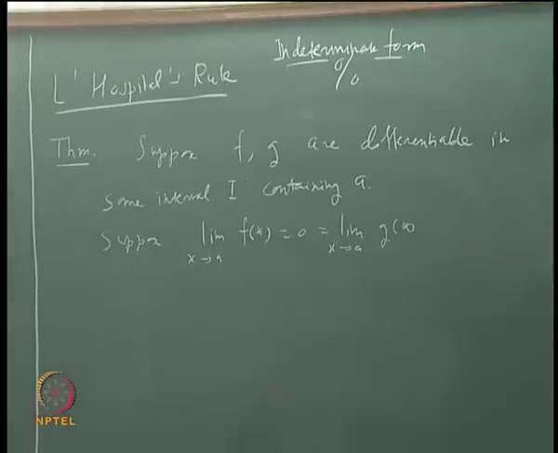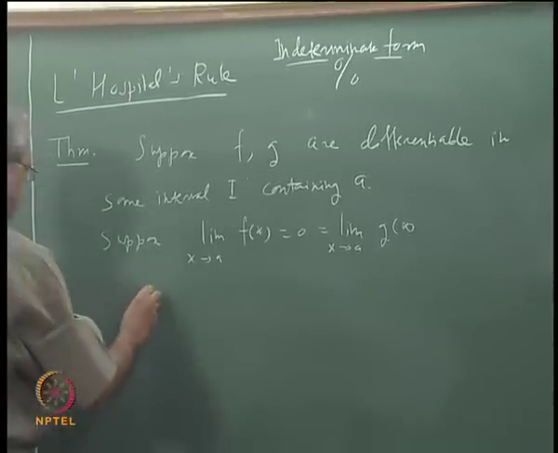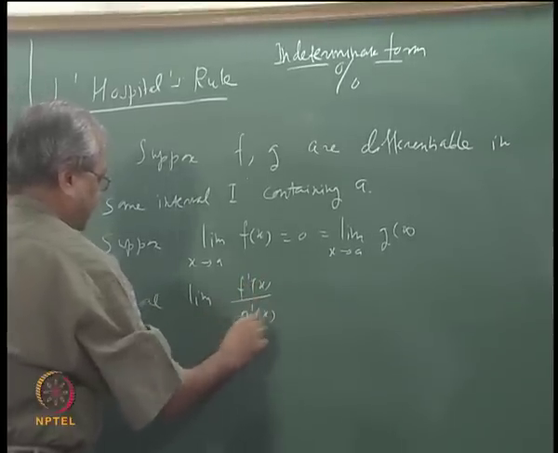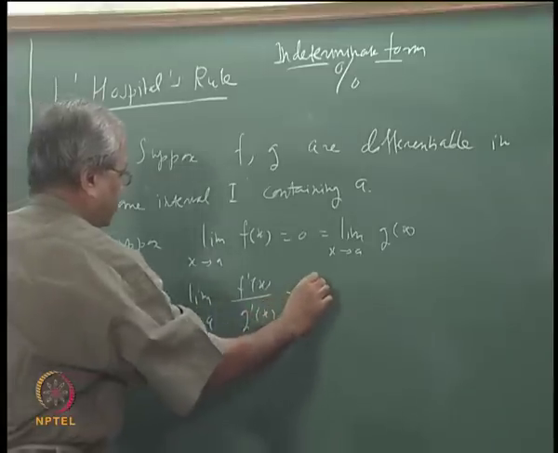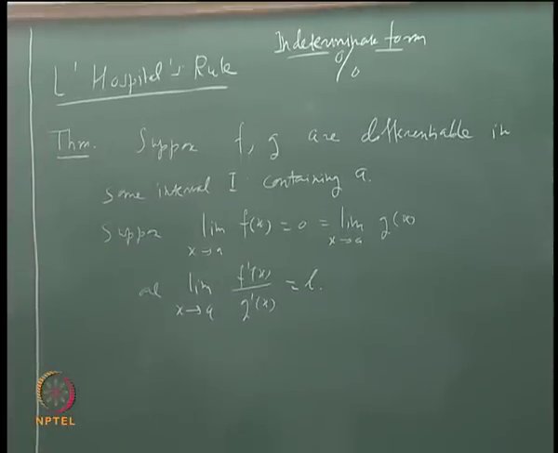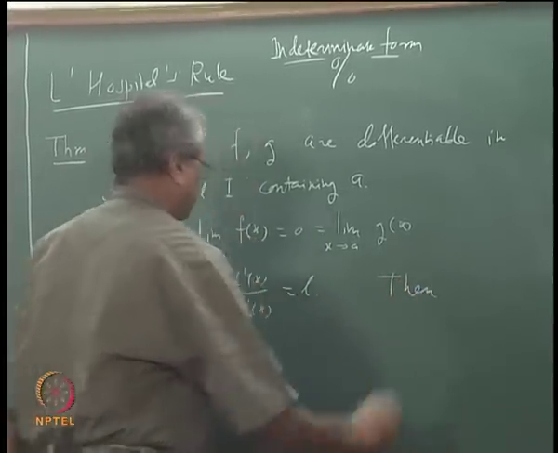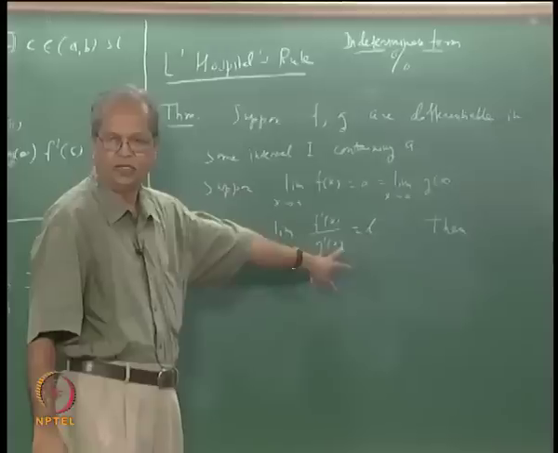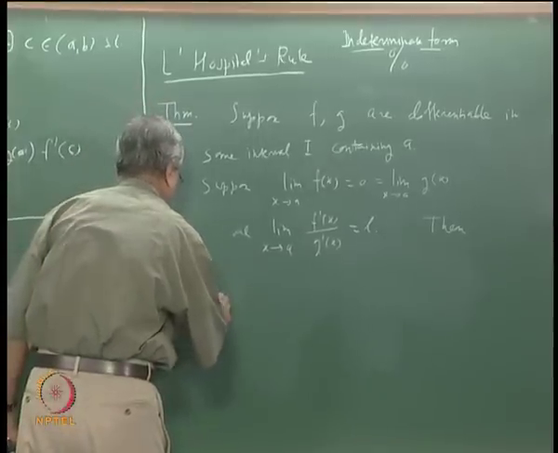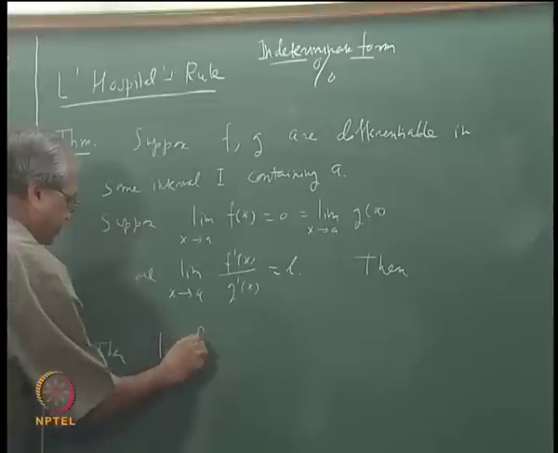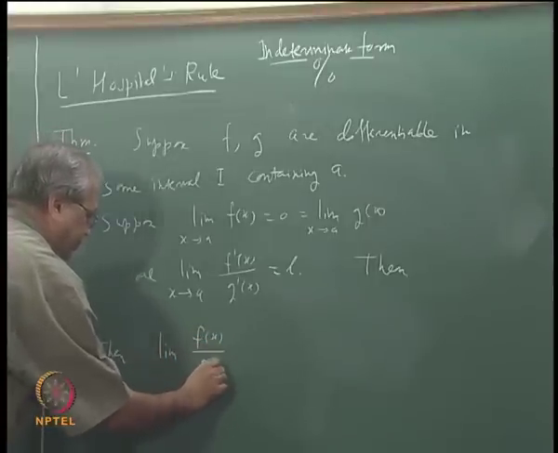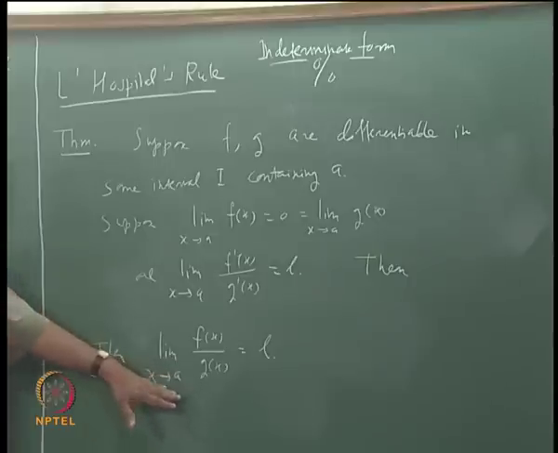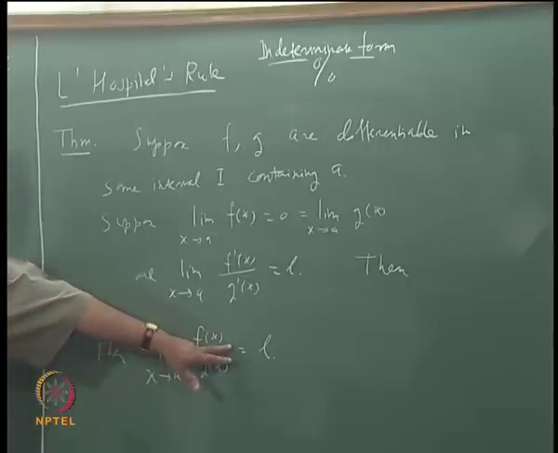And limit of f prime x divided by g prime x as x tends to A is equal to L. Then the conclusion is that limit of f(x) by g(x) also exists, and that limit is the same as L. Then limit of f(x) by g(x) as x tends to A is equal to L. Remember this symbol means all the things: that the limit exists and its value is L.